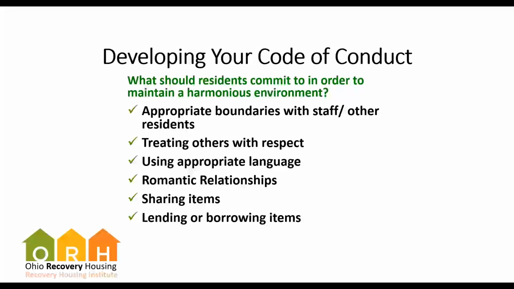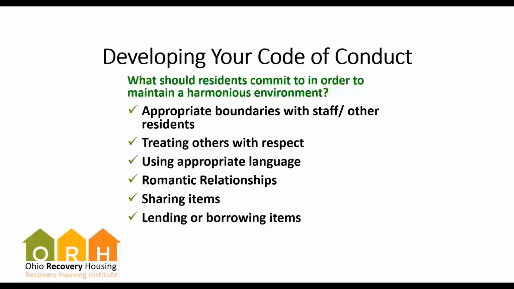So in your staff code of conduct and your resident code of conduct, be clear that there are going to be some boundaries here. Then think about other ways you want to establish appropriate boundaries between the staff and the residents. What about other things like romantic relationships? What will you have your staff agree to in the staff code of conduct, as well as your residents agree to in the resident code of conduct?